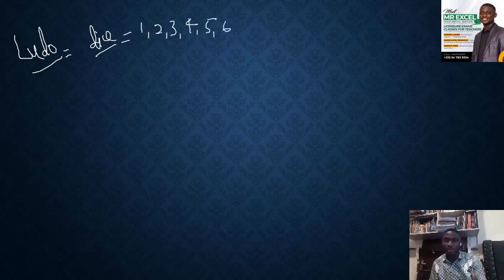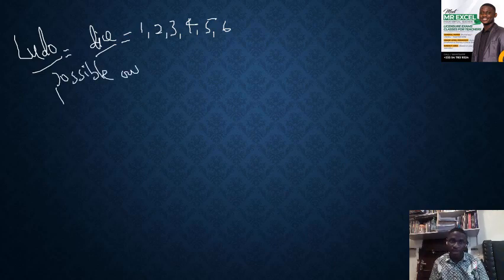These are the possible outcomes that may come out when you throw the die. So then we call these ones the possible outcomes, and they are 6.